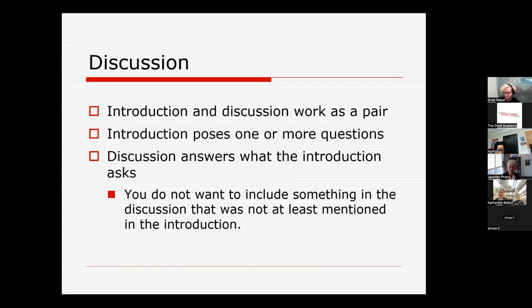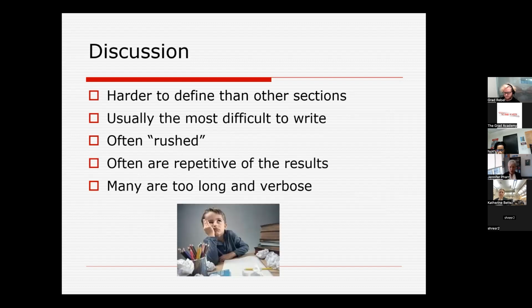The discussion is the hardest part of a paper to write. My students struggle most with the discussion section of their thesis or their dissertation because typically you've never written a discussion section until you write a thesis or a dissertation.